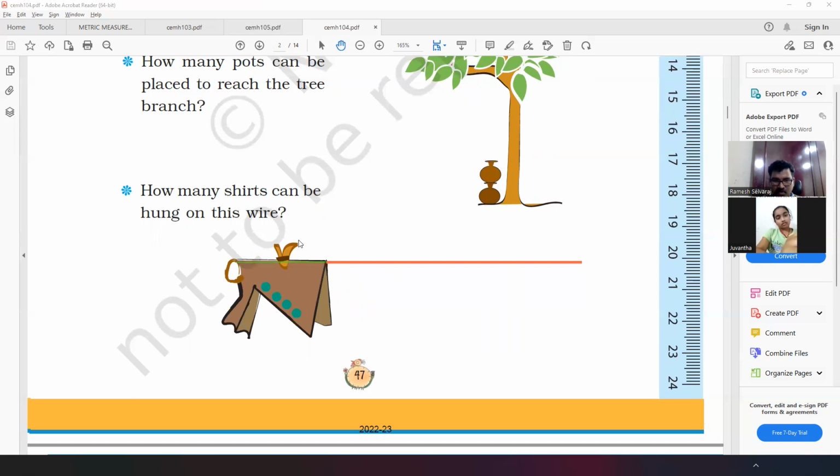Then if we take this, one more shirt we can place. Then 3. Then 4. Including this, we can place 4, right? You understand, right? This is one shirt length. The next shirt will come here, then one more shirt here, and the fourth shirt here. So in total, in this line we can place 4 shirts, right? That's the length concept.